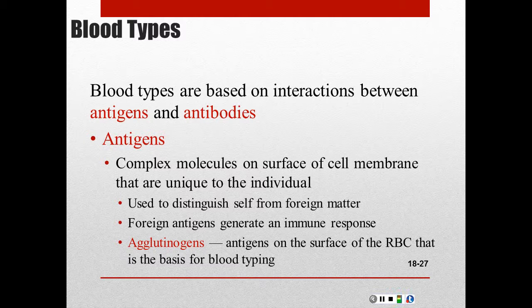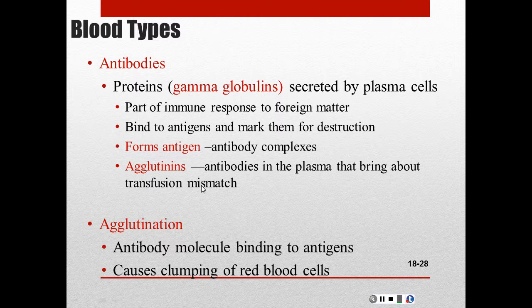One method is agglutination, in which each antibody molecule binds two or more antigens, producing antigen-antibody complexes. Now, blood types are based on antigens called agglutinogens on the surfaces of the red blood cells, and the antibodies called agglutinins.